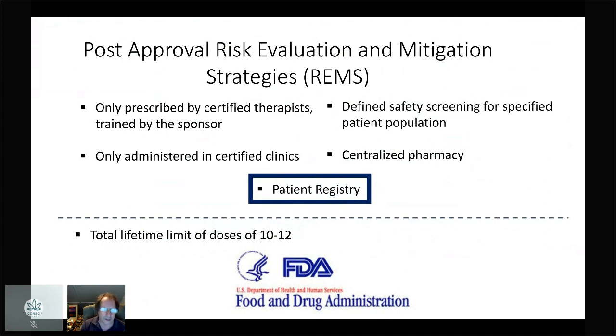The treatment is therapy facilitated by MDMA. So the therapists all need to go through our training program. It's only administered under direct supervision in these kind of clinic settings. So it's never going to be a take-home drug.